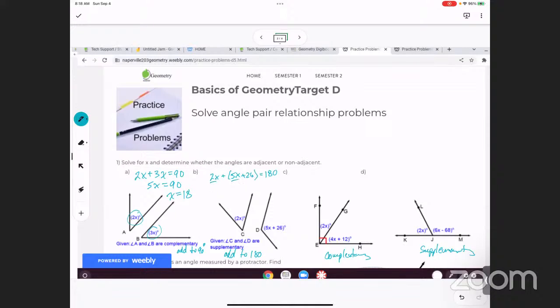So I add these together because those are the like terms, right? Yeah. 7x plus 26 equals 180. Now what? You could minus 26 from both sides. Good. So 7x equals 154, and x equals, is it 12, I believe?